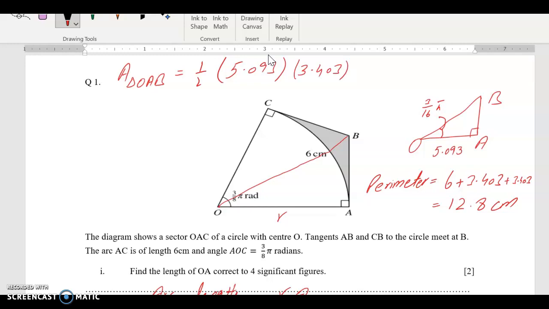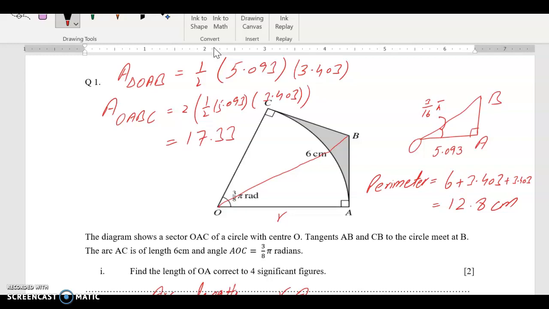But together the total area of OABC is 2 times 1 by 2 times 5.093 times 3.403. So the total area we will get is 17.33.